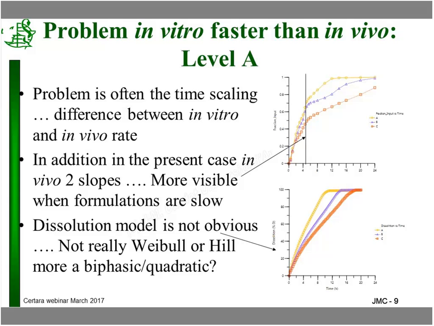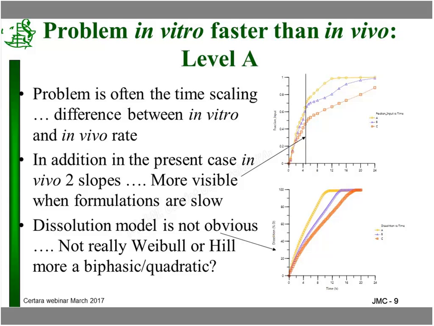On the bottom right part of this slide, you have the in vitro dissolution. You can see that the in vitro dissolution for the formulation A, B, and C are faster than the in vivo. We have exactly the same time scale between the two here. So that means if I want to make an IVIVC, I will finish to dissolve, but I continue to absorb.